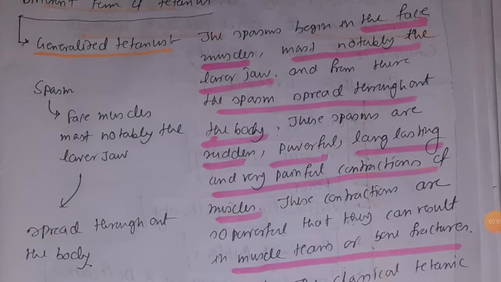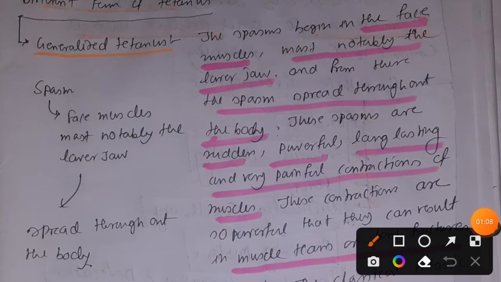I think you may remember that during the explanation of tetanus plasmin, I told you that it prevents the inhibition of muscle contraction, right? And that is the reason for the spasm, because spasm is nothing but very powerful, sudden, long lasting and painful contraction of the muscle, right?